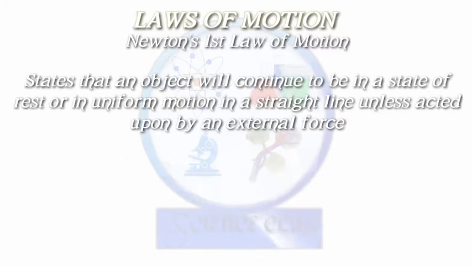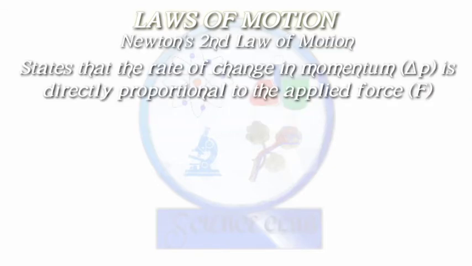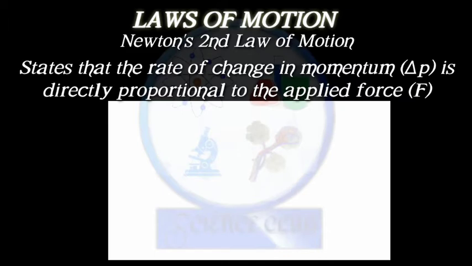The first law of motion is not about zero net force on an object, but what happens in the absence of external force. Newton's second law of motion states that the rate of change of momentum is directly proportional to the applied force. Force is proportional to change in momentum over time taken for the change.